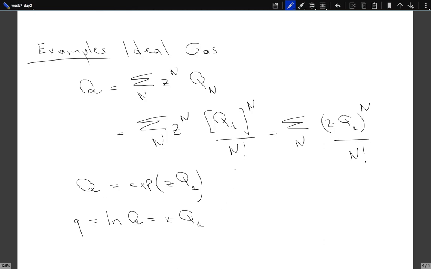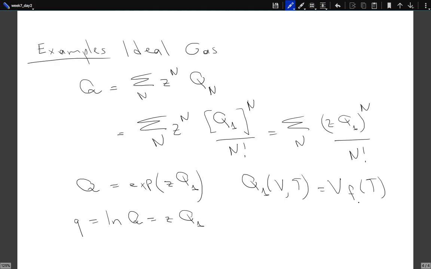Now q1, I can also make one more assumption. q1 will be a function of the volume and the temperature of the system. But if you count the number of microstates that a single particle can be in, in a volume V, that will be proportional to V. So this q1 should be V times some function of T. Well, I'm using the same symbol F all the time, but this F is not the F that I used before.